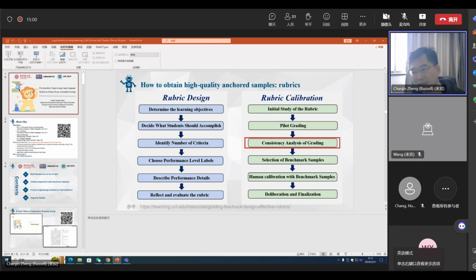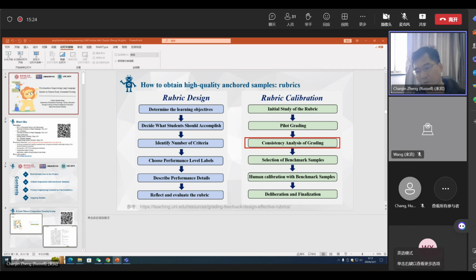We call it rubric calibration. We get a group of teachers to do an initial study of the rubric. Then they do a pilot grading. Then we do a consistency analysis of the grading. Then we select typical samples for different grades.